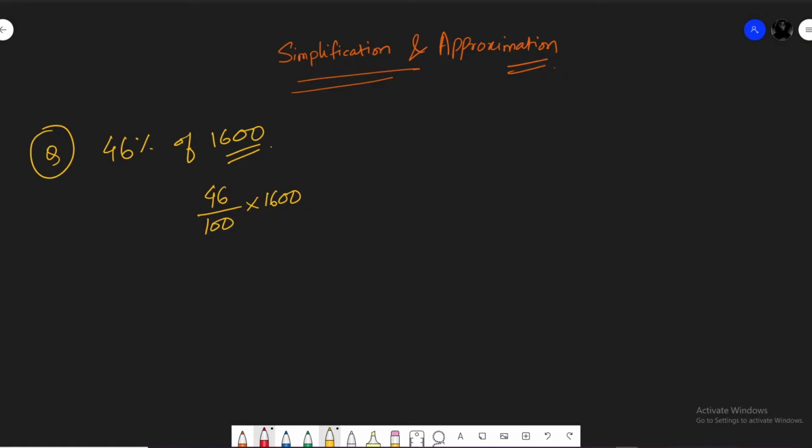It is the basic process. We all know this kind of process because we have learned it in our childhood days. So we cut this zero, we cut this zero, and we do 46 into 16, and we find the answer.